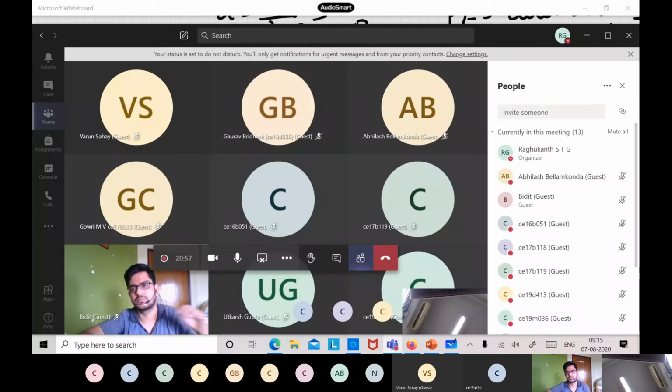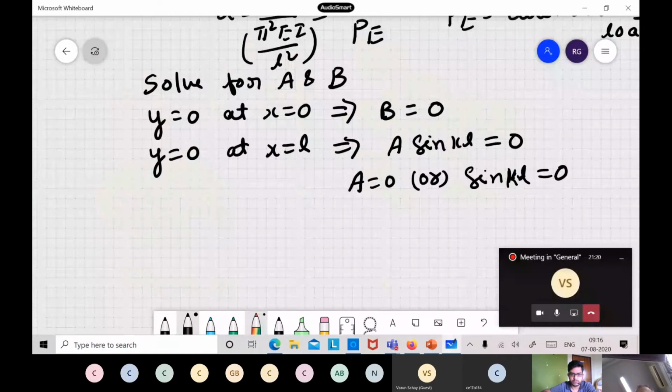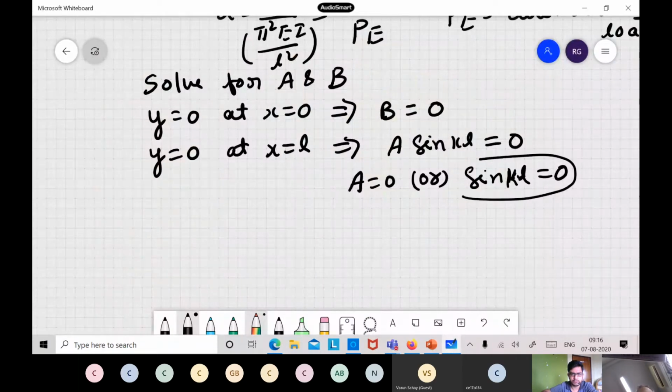Here the problem we are trying to solve is whether some other solutions are possible for this initial bent column. One solution is pi square EI by L square, which is perfectly fine. We are looking for solutions other than pi square EI by L square which can buckle our column. So we take A equal to 0, because sine kL equal to 0 is for a perfect column.